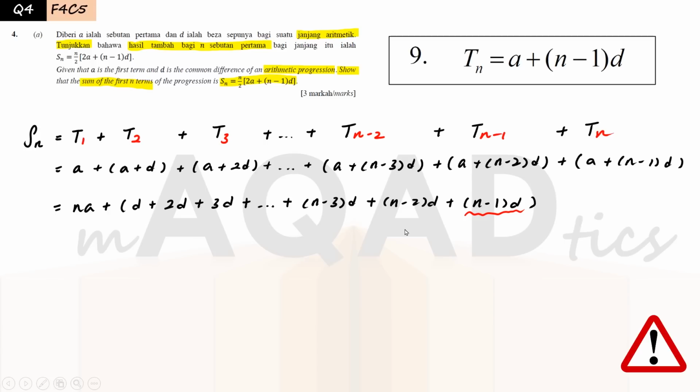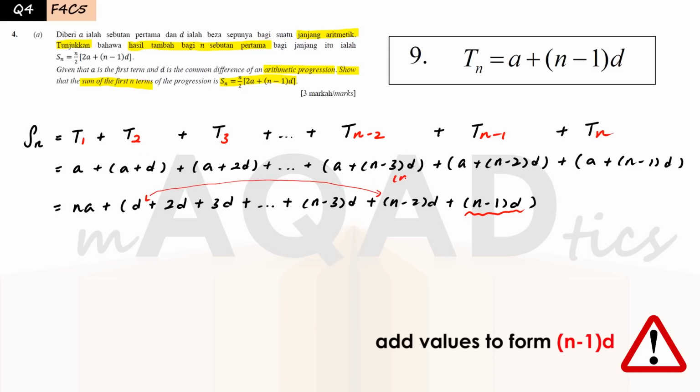What we are going to do is add the values here to form n minus 1 times d. For example, the value d here, I am going to add with n minus 2 times d. So n minus 2, if I add 1, will become n minus 2 plus 1, which is n minus 1.